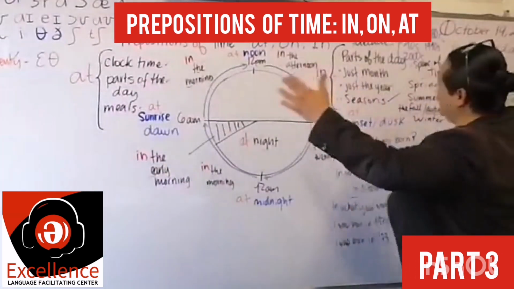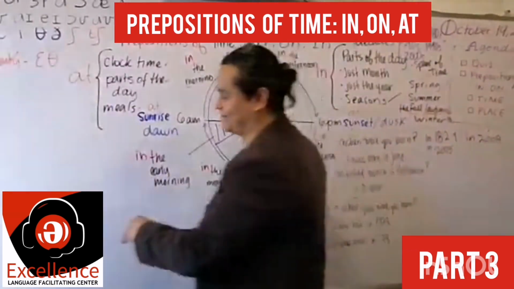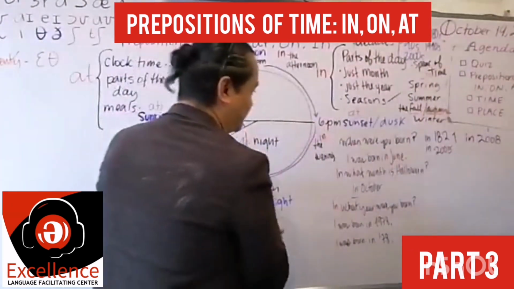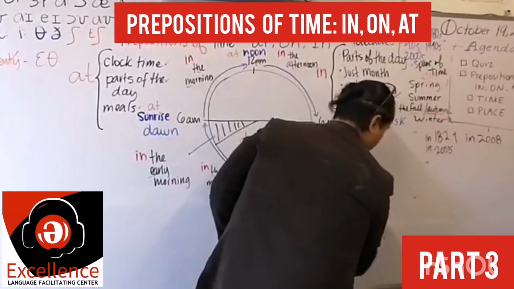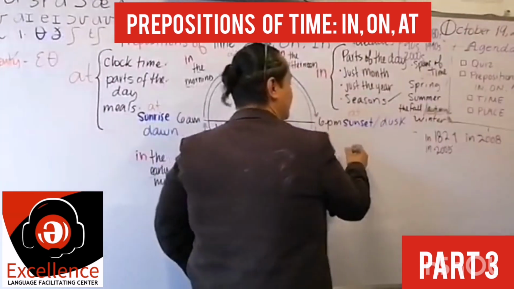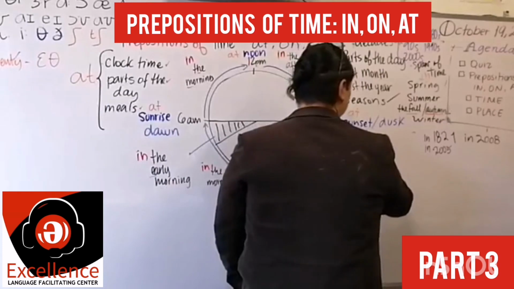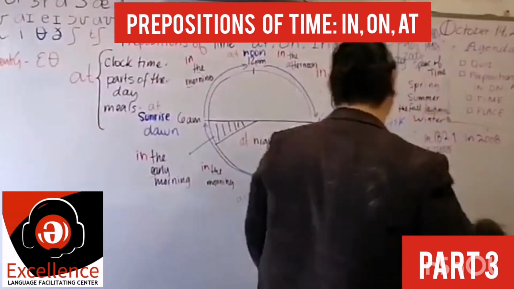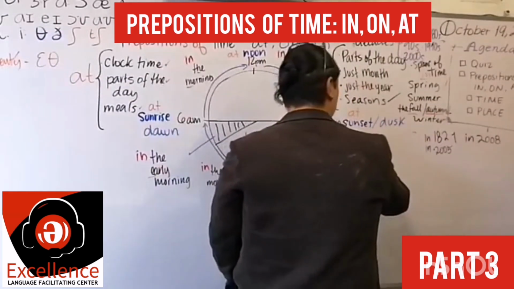So, to give you an idea of time, may I erase this here? Yes. Okay. Wonderful. So we're going to have a taco in about 10 minutes, because I've got to teach you the other prepositions.